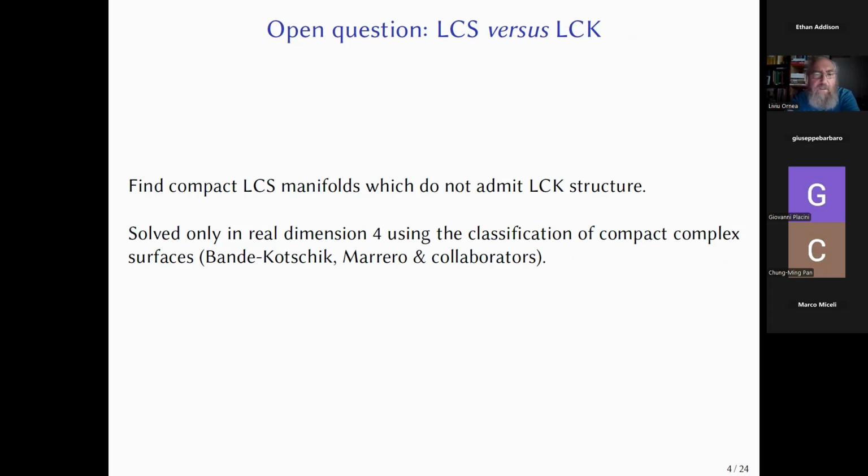As far as I know, there are only examples in real dimension 4, and this is done by using heavily the classification of complex surfaces. Well, I don't think it's satisfactory.